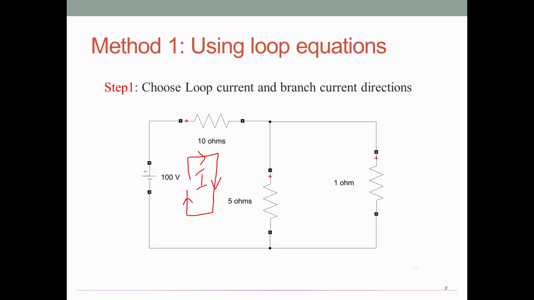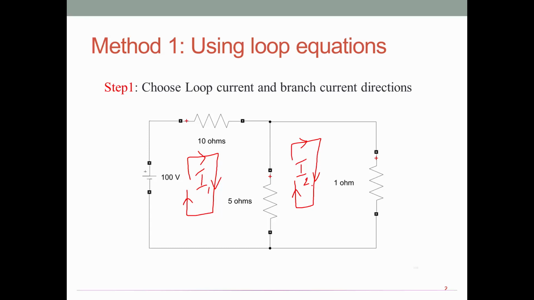This is loop current 1. Similarly, clockwise direction for loop number 2. I have chosen both in clockwise direction. It is your wish. Either you can choose both clockwise, both anti-clockwise, or one clockwise, one anti-clockwise.